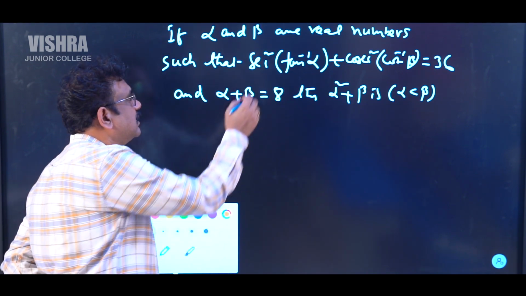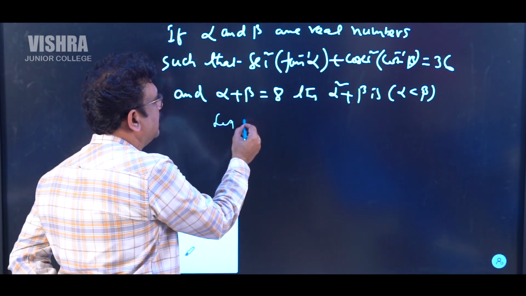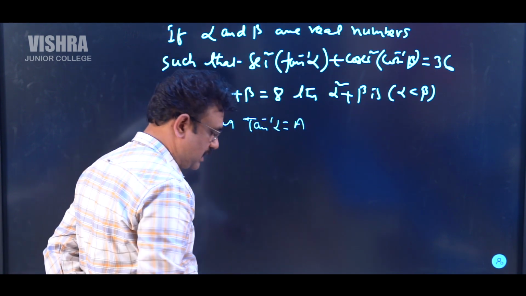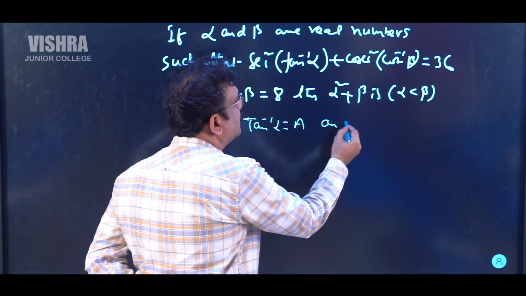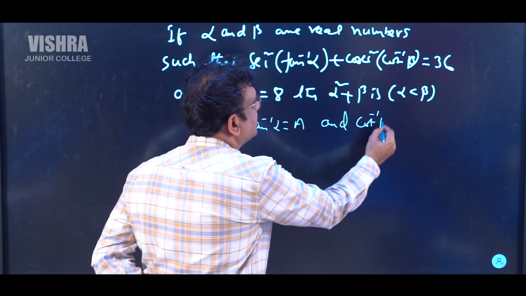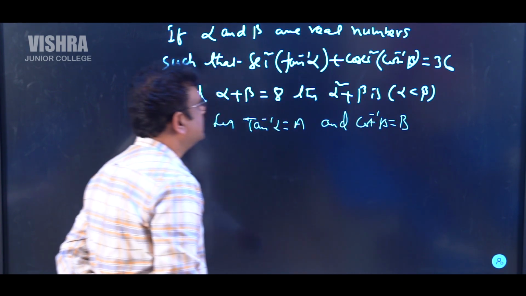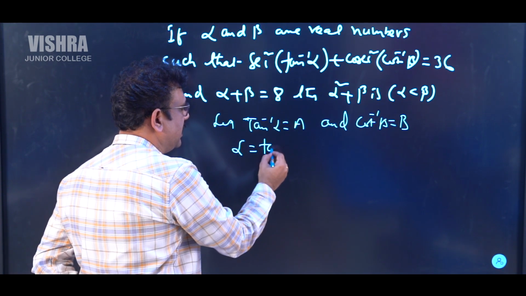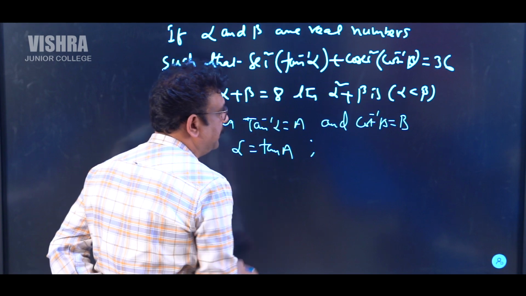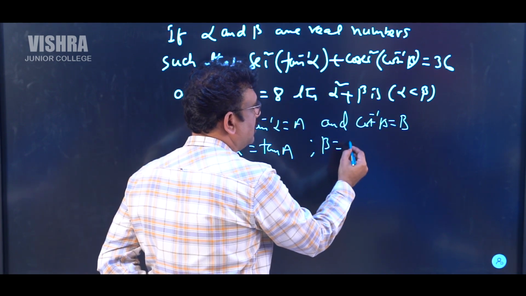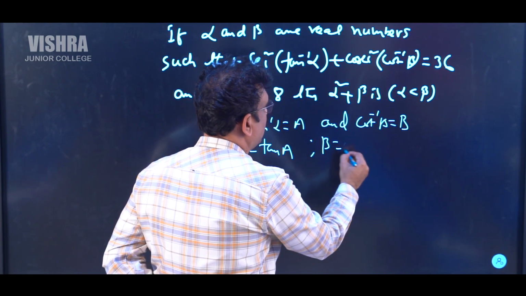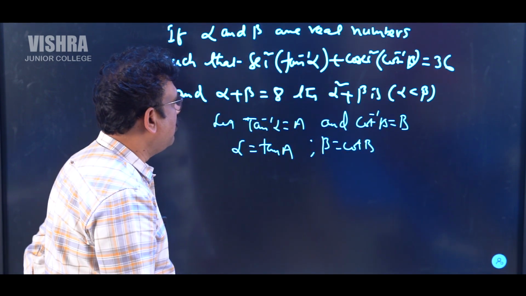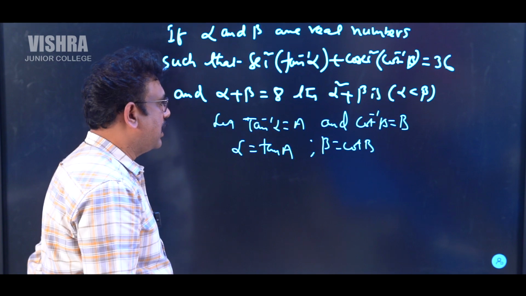So first let tan inverse alpha equal to A and cot inverse beta equal to B. So alpha is equal to tan A, beta is equal to cot B.